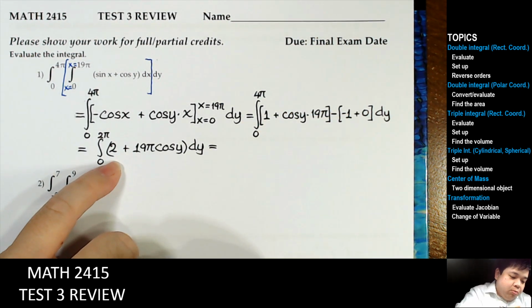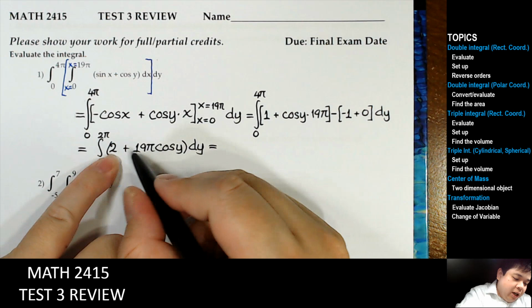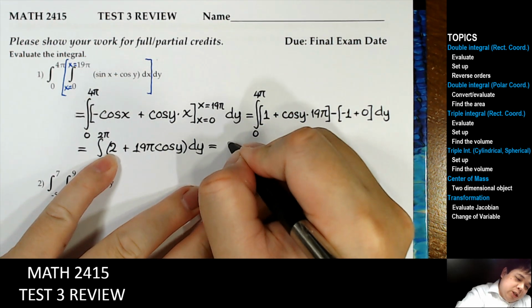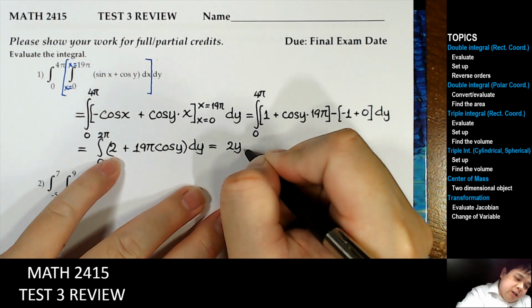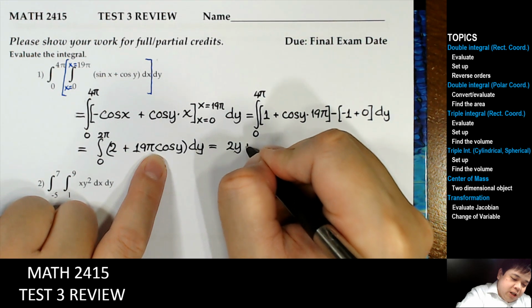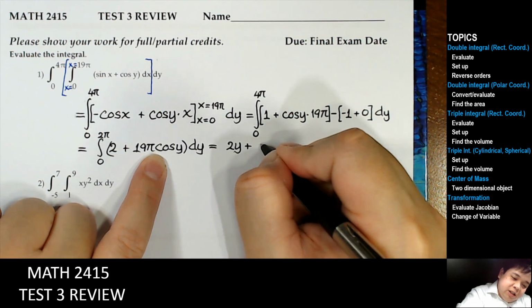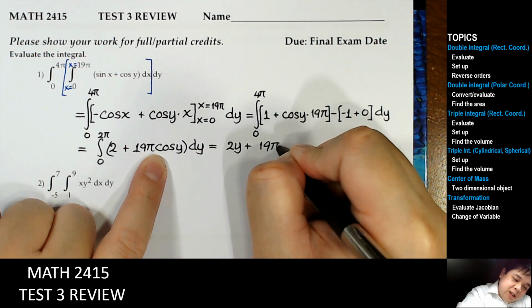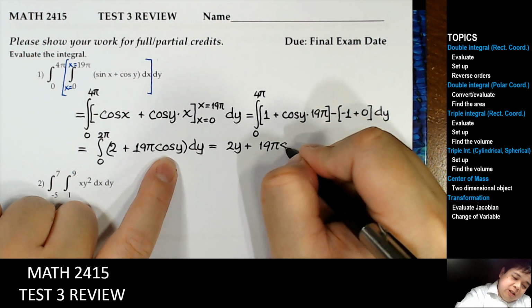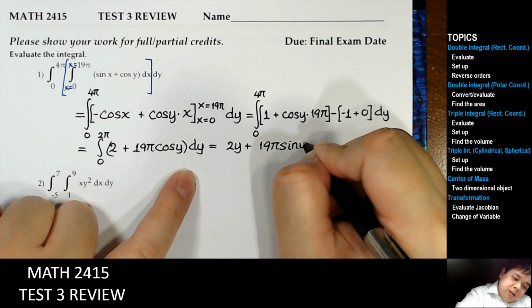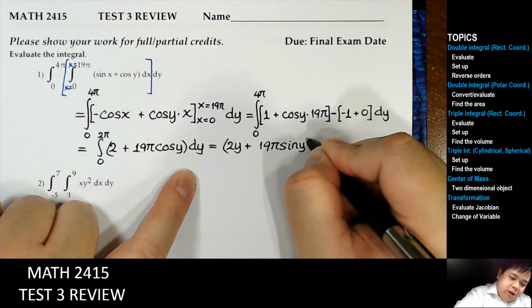Now integrate with respect to y. 2 is going to be 2y. And then cosine is sine. Integral of cosine is sine. And we will evaluate from 0 to 4 pi.